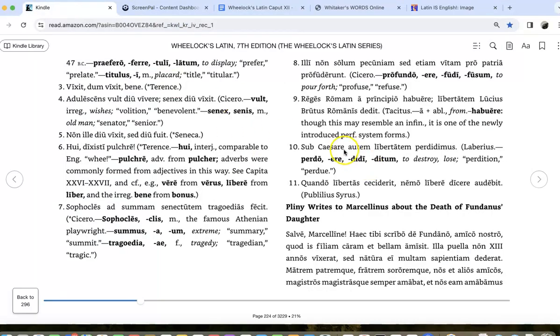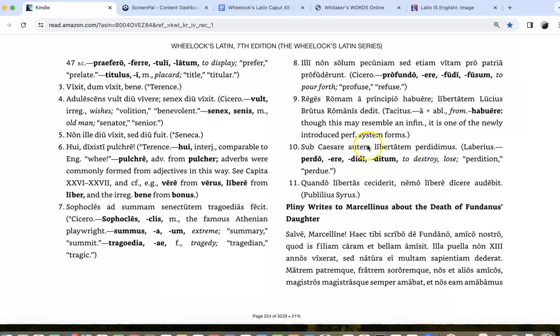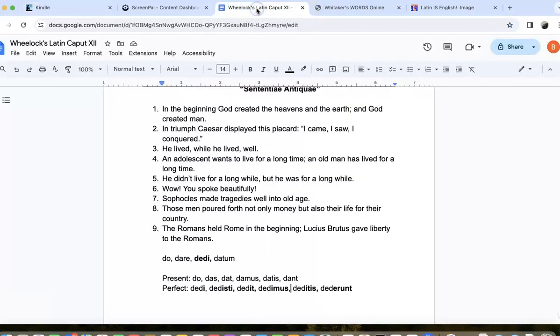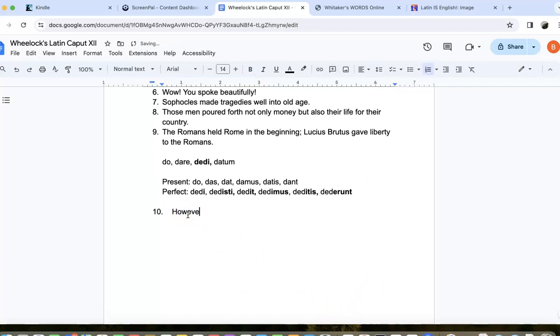So going back to number 10, subsistere autem libertatem perdidimus, is that we destroyed liberty under Caesar. So I'm going to go back to our example here, and that's going to be number 10. However, so autem means however, we destroyed liberty under Caesar.